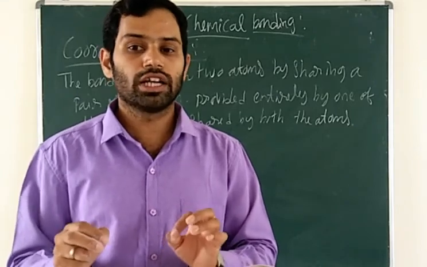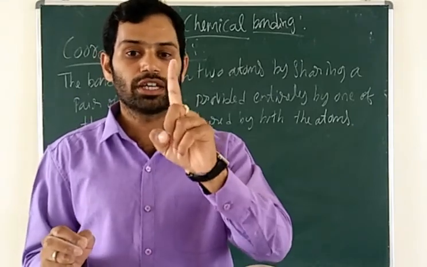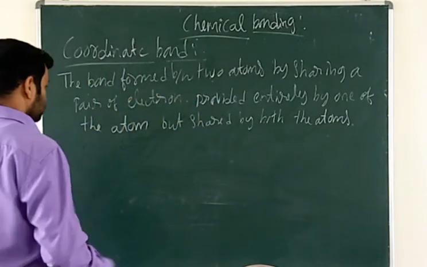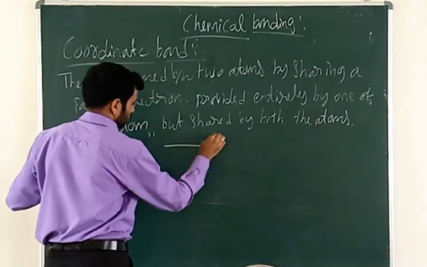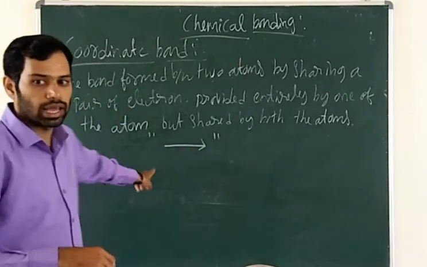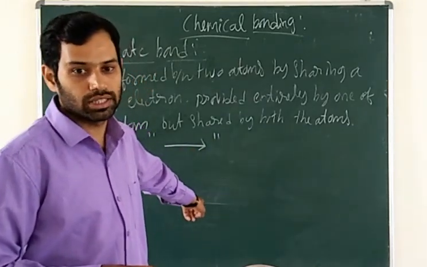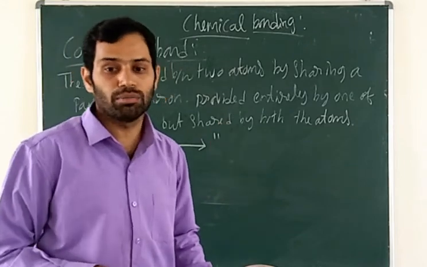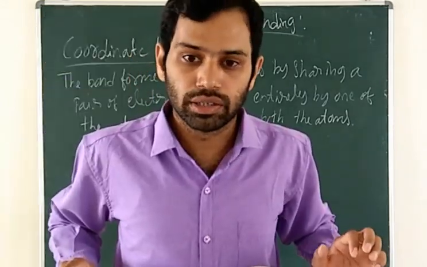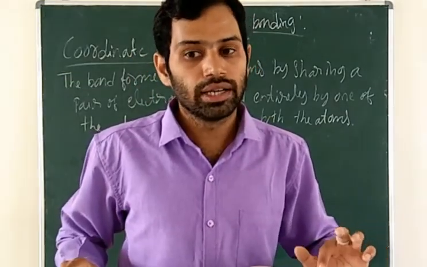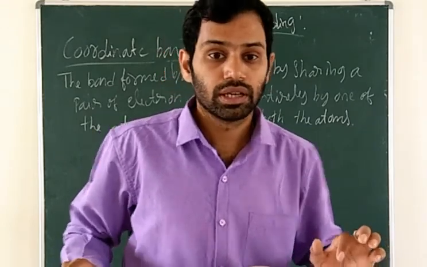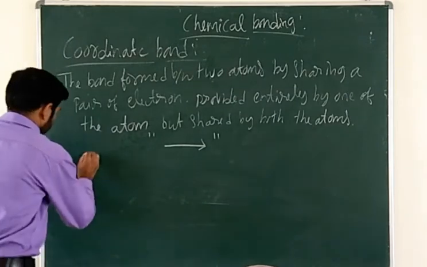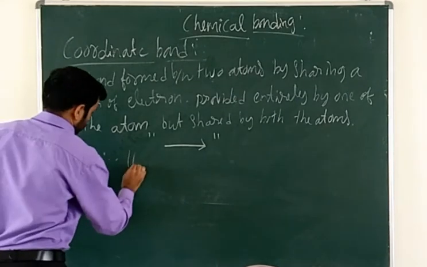And a coordinate bond is represented by an arrow symbol, like this. An example for the coordinate bond: hydronium ion and ammonium.